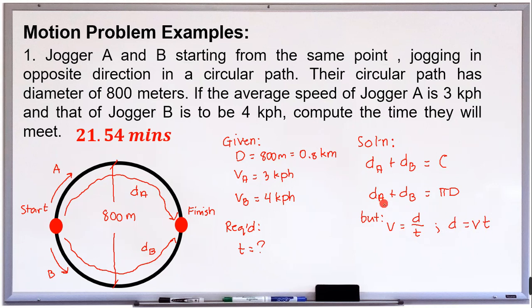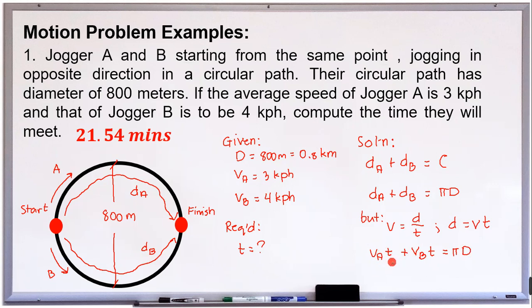So for jogger A, its distance can be expressed in terms of its velocity and the time it takes to travel from start up to the finish. So that would be VA times T and then plus, for jogger B, that is VB times T is equal to pi D.